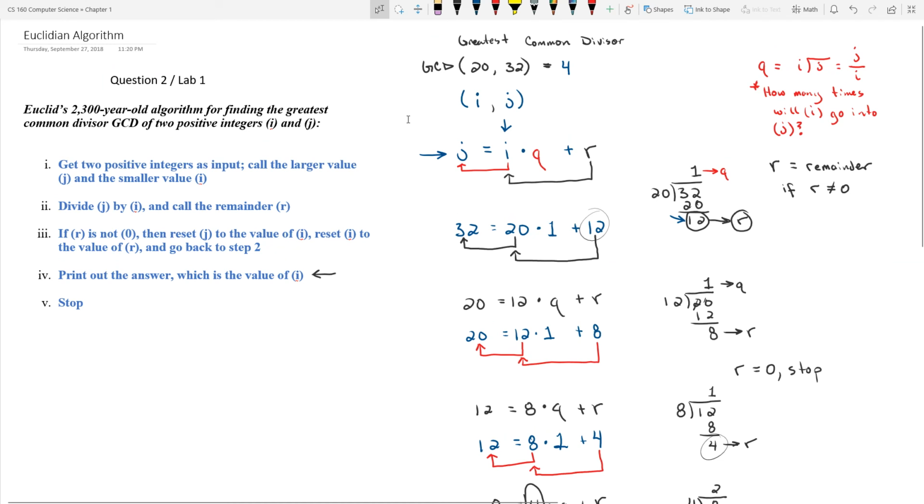So now that you have seen how this works, the process of 1, 2, 3, 4, and 5 all the way through stop, but you're repeating step 2 and step 3 until you reach the remainder of 0 for r, this makes a lot more sense.